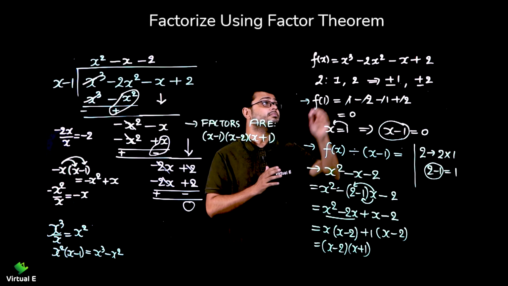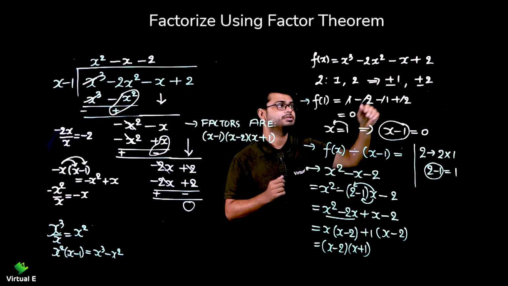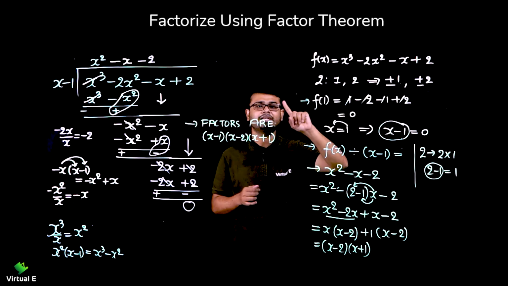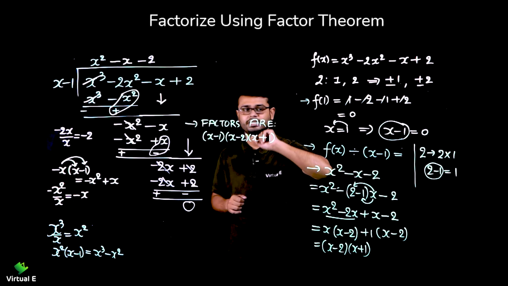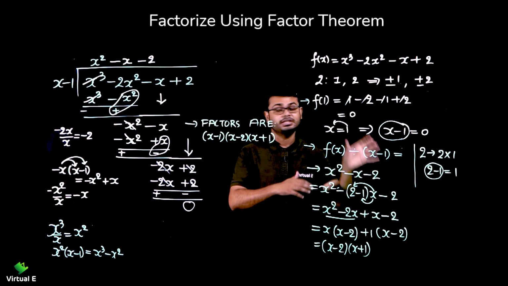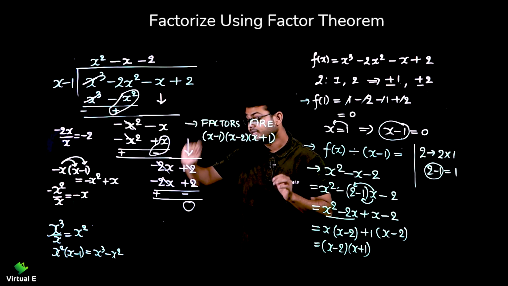First of all, we start with the constant, factorize the constant, find the factors of the constant, then take positive and negative, substitute and get at least 1 zero. 1 zero you should get. In our case it is x minus 1. Divide the polynomial with the factor. So this is what you are going to get.